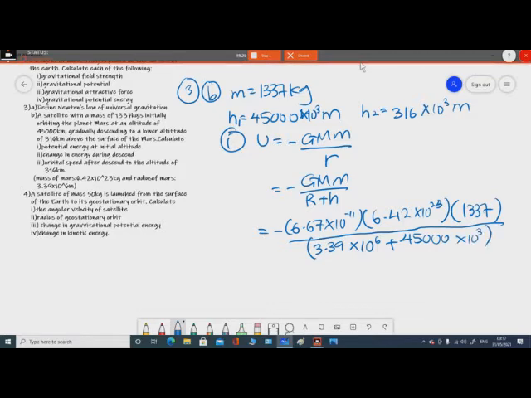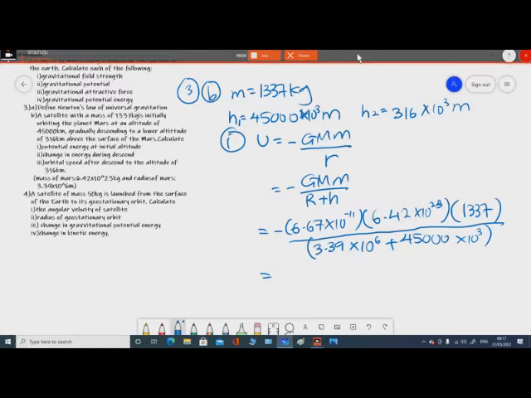So 6.42 times 10 to the power of 23, times 1337 for the mass of the satellite, divided by 3.39 times 10 to the power of 6 plus 45000 times 10 to the power of 3.